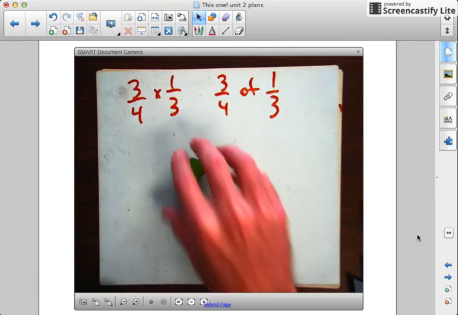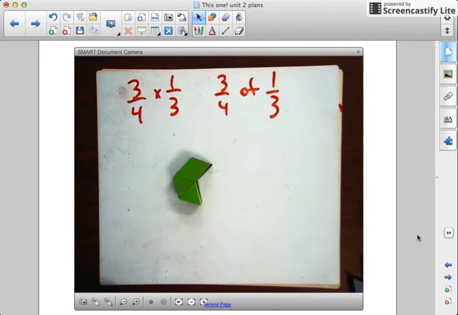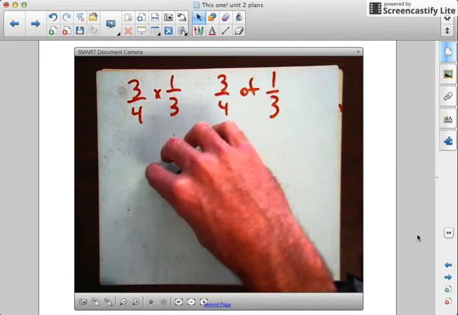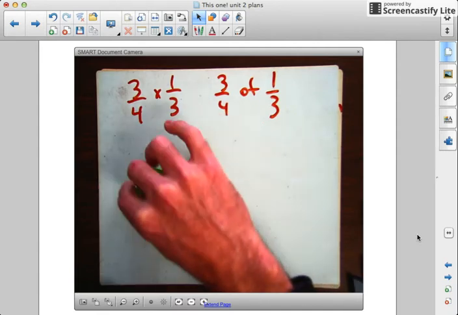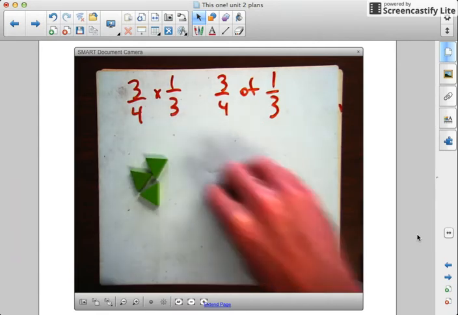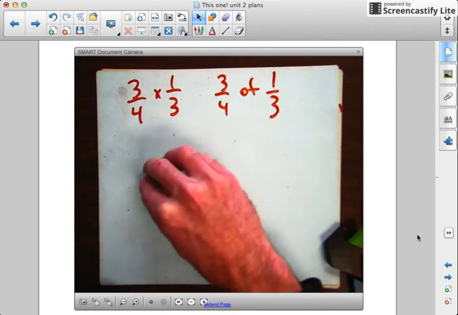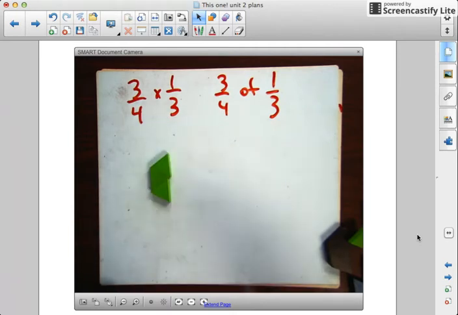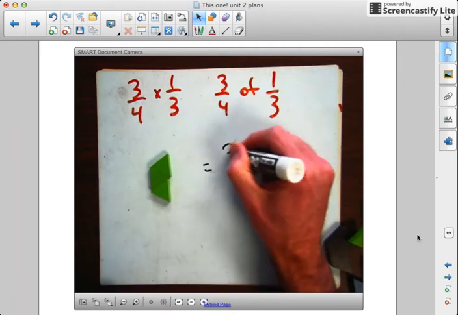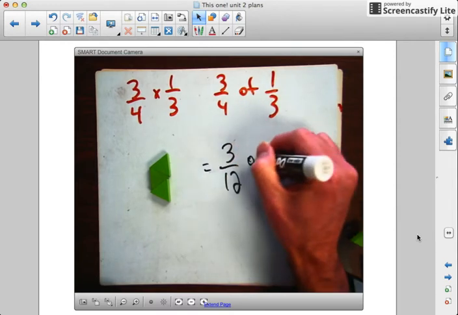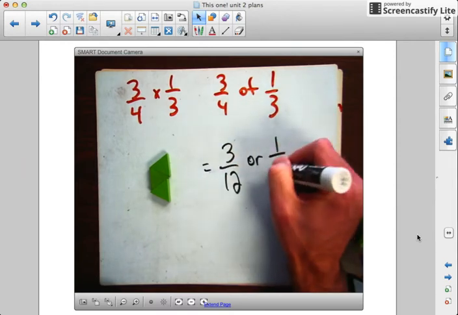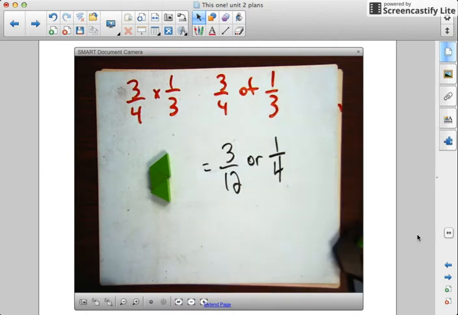So now I have it in a group of 4. And my question says I want 3 out of those 4. So those can go. And what I'm left with is 3/12, or the same as 1/4.